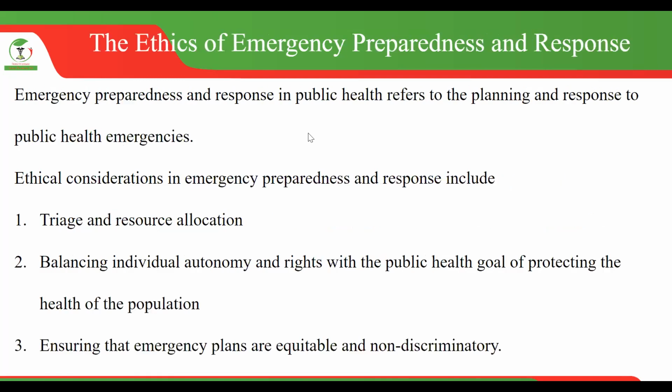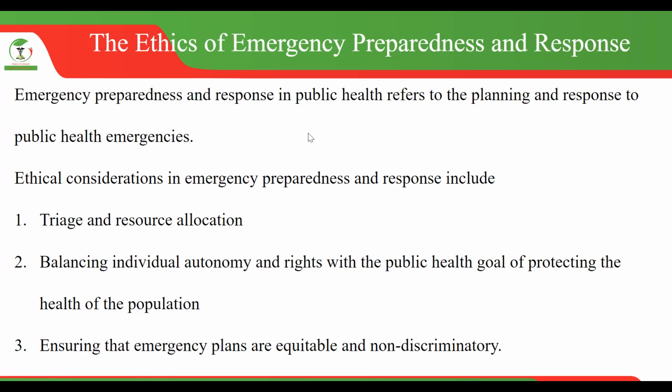And then also coming to the ethics of disaster preparedness and response. If you have mass casualties, you have many people who have died. Who are you going to treat and who are you going to leave out? So these are issues of triage, but also who are you going to devote a lot of your resources on compared to the others? For example, in the COVID-19 pandemic, in some hospitals or in some countries, oxygen became very scarce.